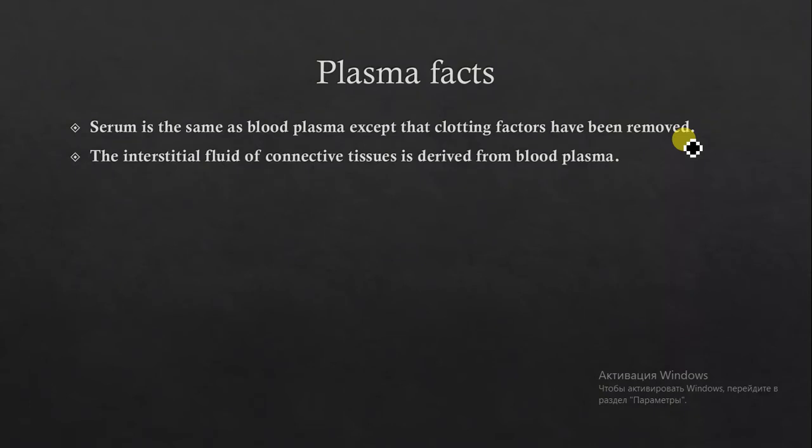We can remove clotting factors from the blood plasma, and we create the serum. In serum all other parts of blood plasma still remain. So don't confuse serum with plasma. In most respects serum and plasma are similar, but in plasma the clotting factors exist.